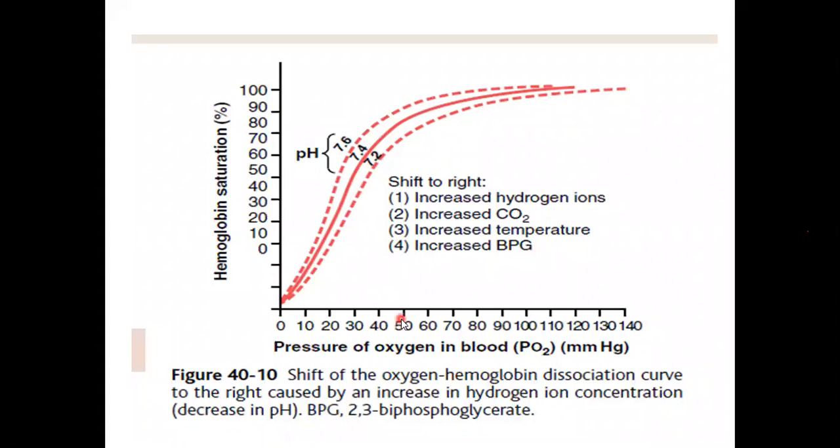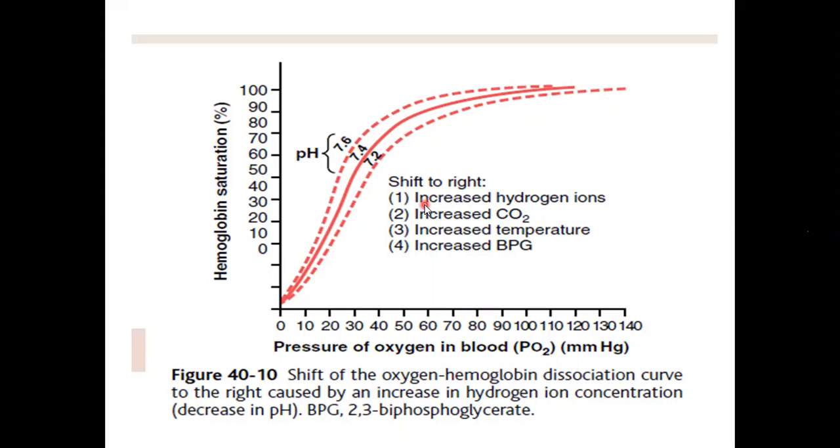So the partial pressure of the oxygen in the tissues is only 40 when compared to the 100 in the alveoli. Now what happens? At 40, around 70% of the hemoglobin is only saturated. That means 22% of the oxygen is available to the tissues.